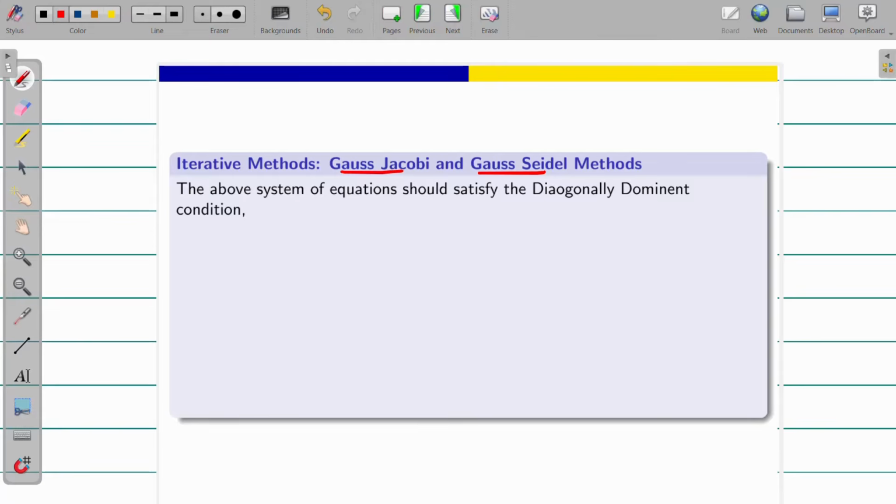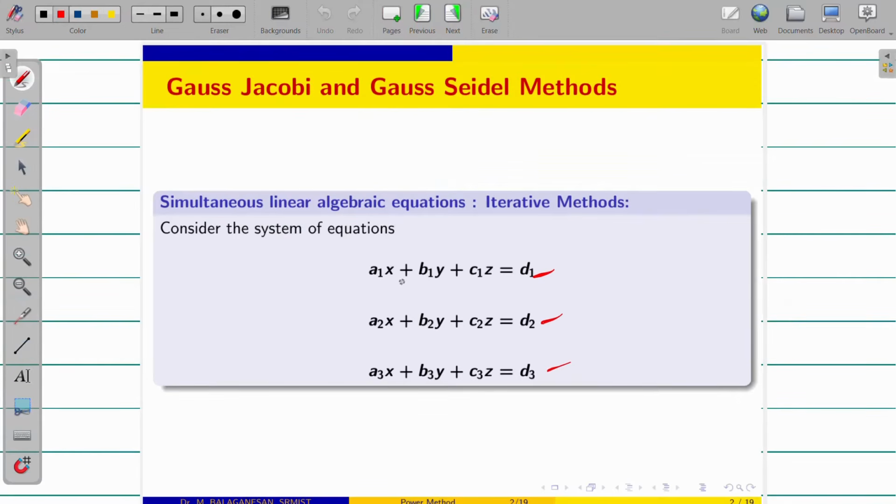If you want to apply an iterative method to this system of equations, it has to satisfy the diagonally dominant condition. What is diagonally dominant? These are the diagonal elements, you know. The modulus of a1 should be greater than the sum of the rest of the elements, mod b1 plus modulus of c1.